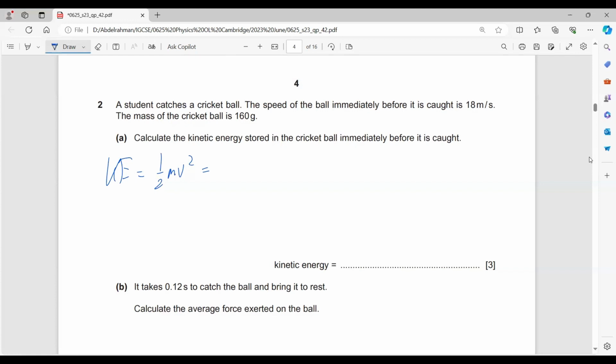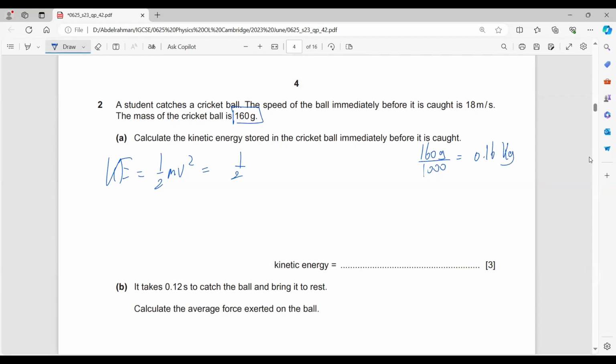M is 160. So half times 160 times 18 squared. That's wrong. Why? We have to change it into kilograms. You must change the 160 grams divided by 1,000, which would give you 0.16 kilograms.